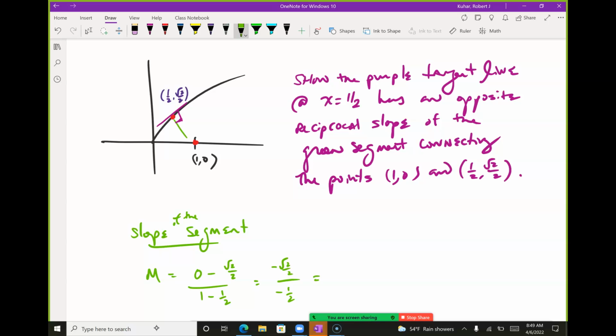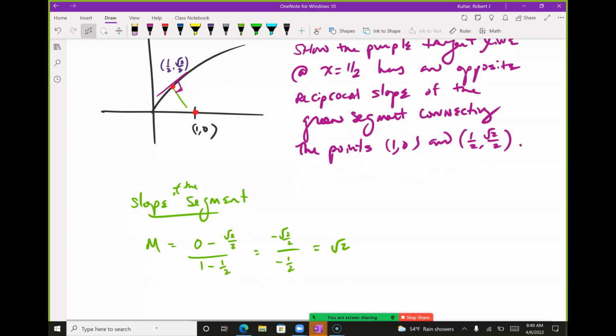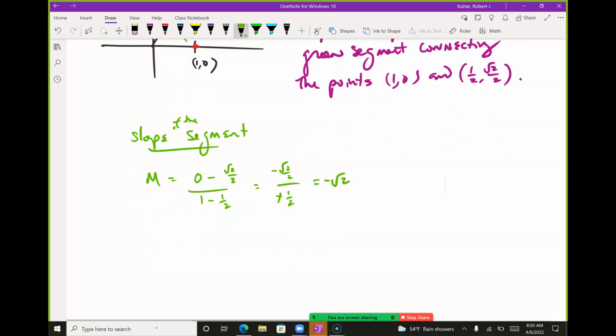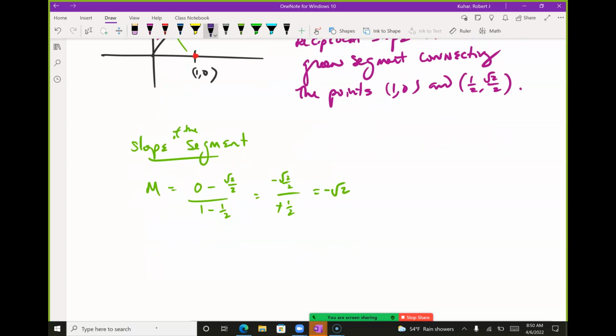So I get a positive rad 2. Agreed? Or did I make a mistake? Oh, I made a mistake. It's a negative rad 2, right? And look at my line segment, obviously it's a negative slope. Sorry. Now the slope of the tangent. I need some help here.